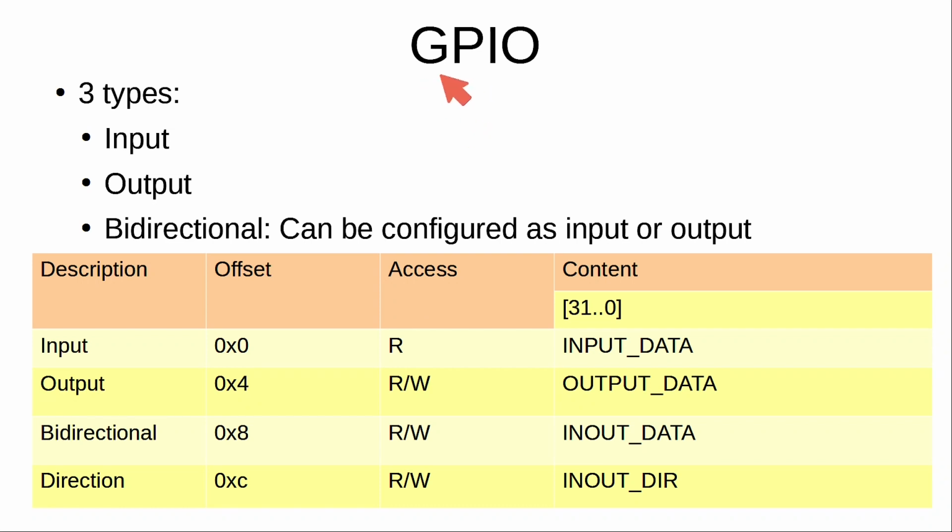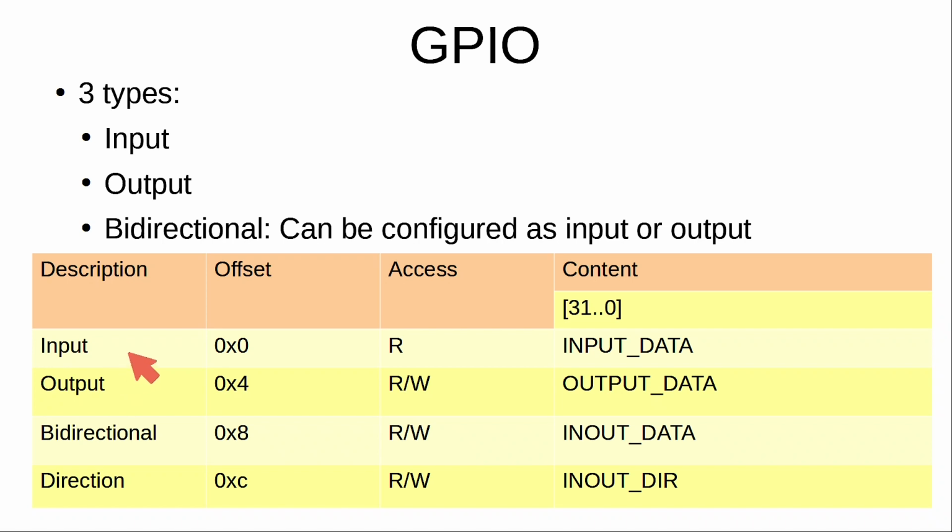Now let's look at the GPIO. It has three types, which are input, output, and bidirectional. This bidirectional means that it can be configured as input or output. And this GPIO, just like any other peripheral, is an MMIO device.